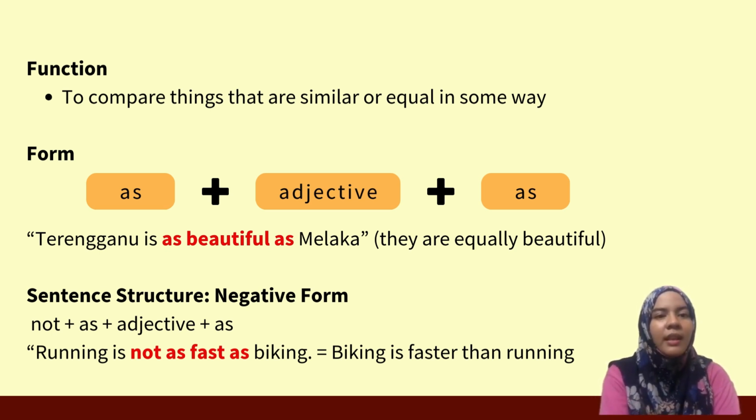However, in negative form, not plus as plus adjective plus as, it carries an opposite meaning. For example, running is not as fast as biking, which means that biking is faster than running.